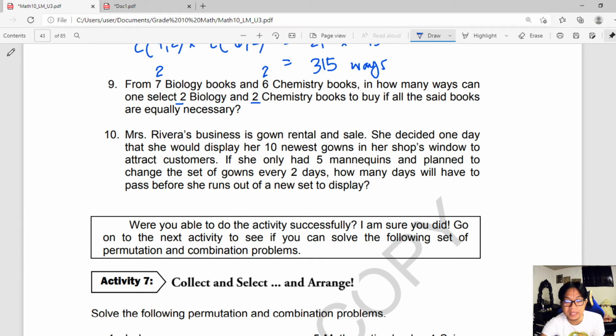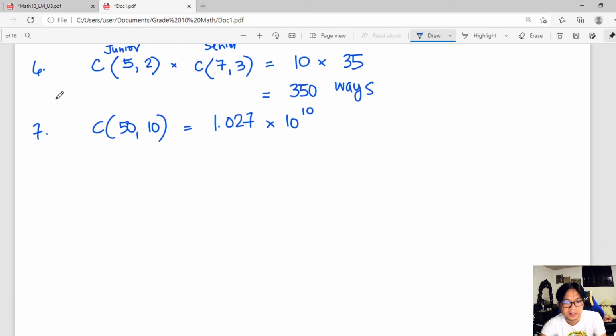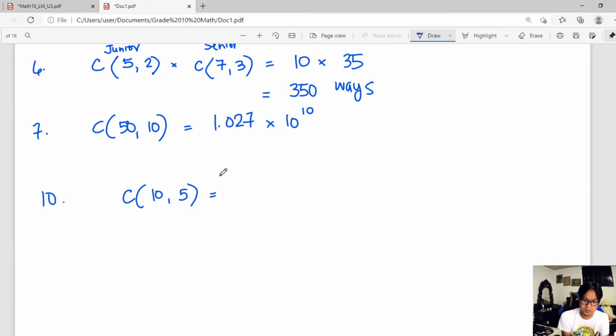So that is combination. Combination of 10 gowns and she only needs 5, taken 5 at a time. Kasi 5 lang yung mannequins niya. So that is equal to combination of 10 taken 5 at a time.